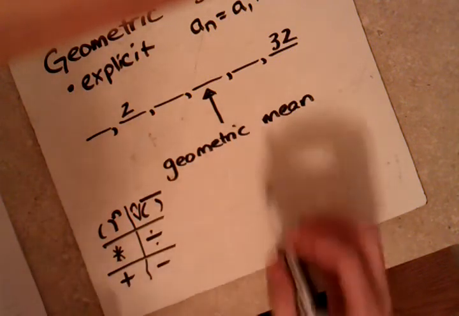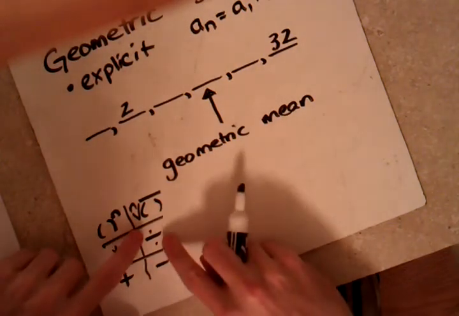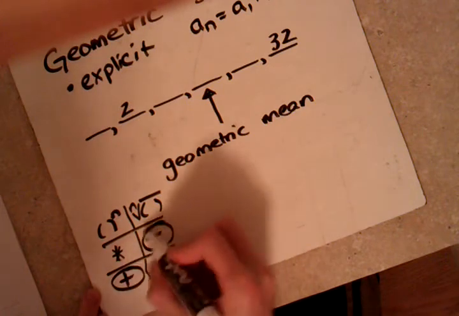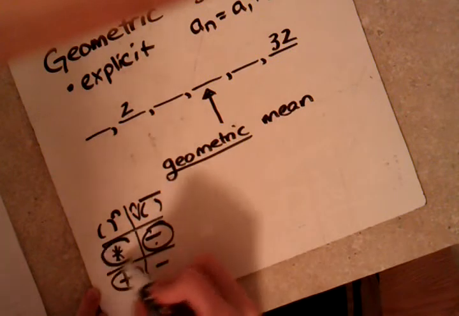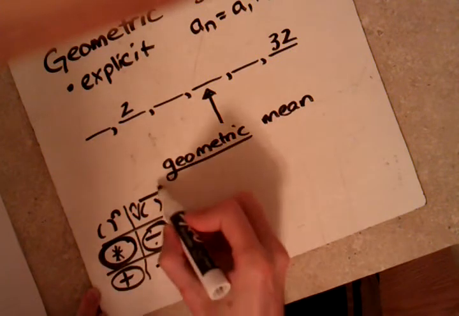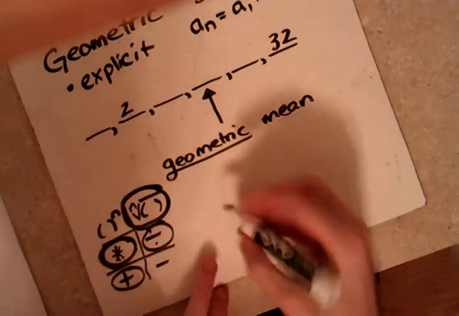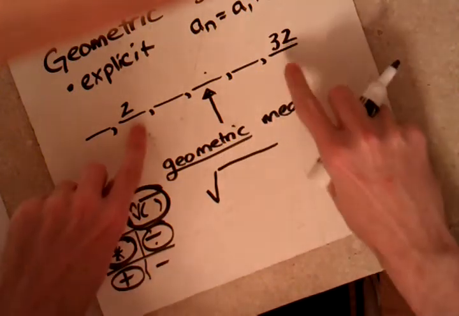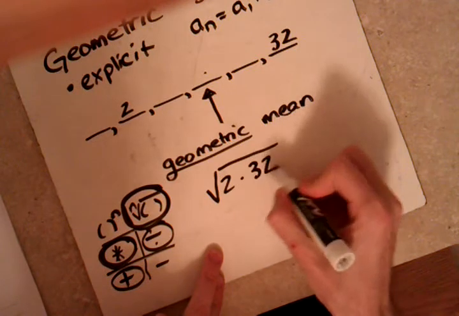So when we did the arithmetic mean, you were adding everything together and then dividing by how many things you had. So you were here, and then you went to this step. For the geometric mean, you're going to be multiplying your values together and then taking the nth root. So for example, here, I want to find this term in the middle, so I take the geometric mean of the ones that I know on either side. So 2 times 32.